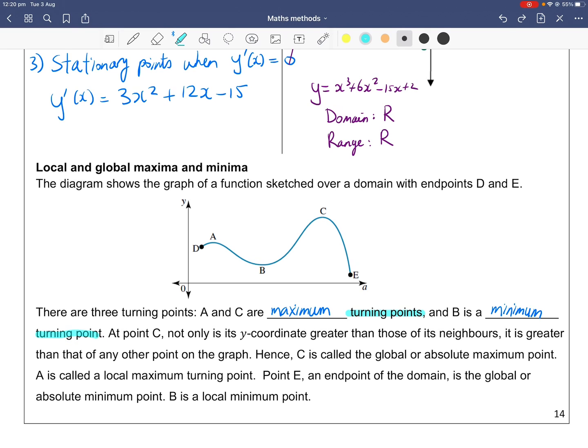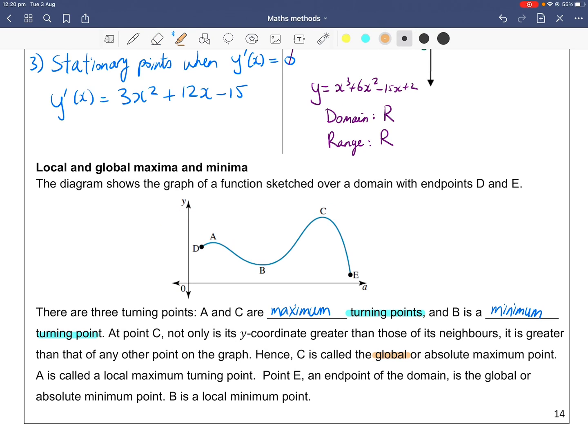Now, if we just take a look at the y value, so looking along the y-axis, if we look at the y value that this curve reaches as we go across the curve, C is the point at which it has the highest y value ever reached by the curve. So in this case, we call point C the global maximum point.